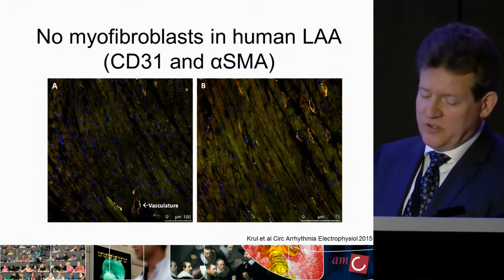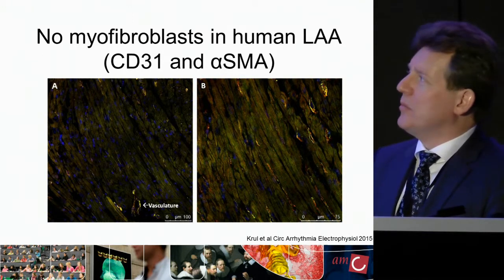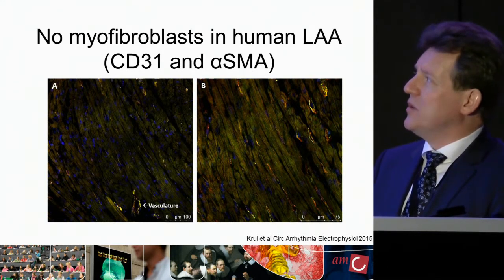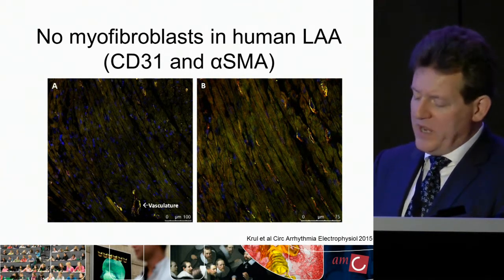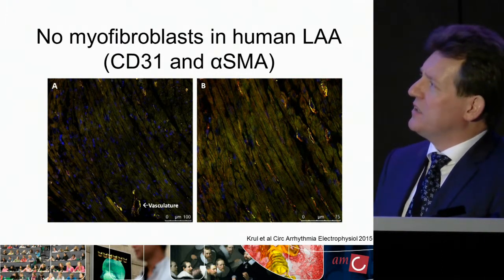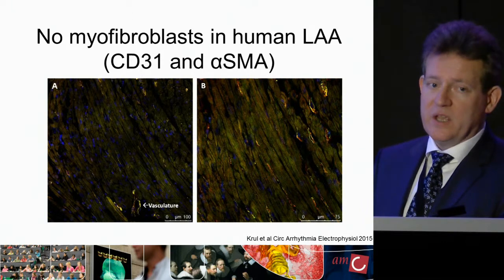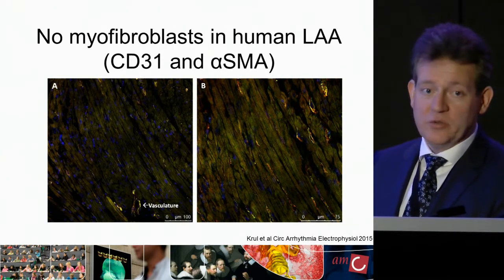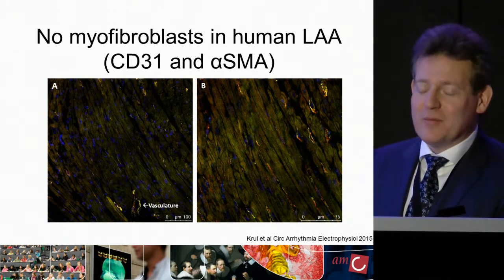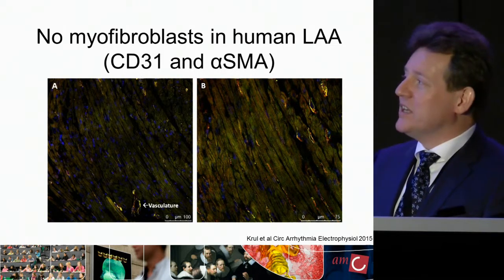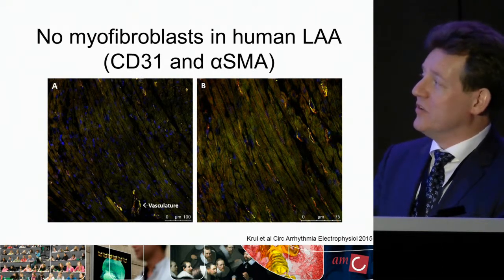But then we tried to stain for myofibroblasts with alpha smooth muscle actin, and the only places where we found alpha smooth muscle actin was in co-staining with CD31 around the vasculature, and we couldn't find basically one single myofibroblast in the left atrial tissue of those patients with atrial fibrillation.